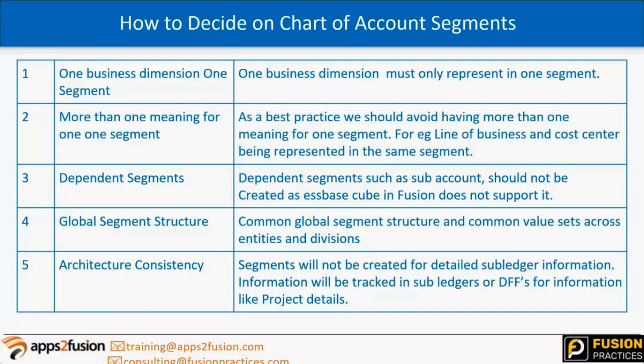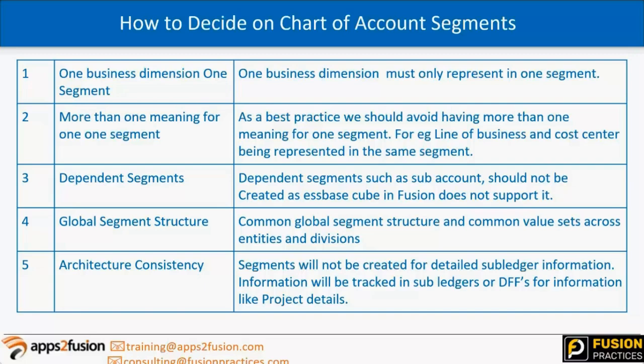Okay, so then we have global segment structure and architectural consistency. As consultants, we always suggest the business go for a global chart of accounts. You can include all your values in one global chart of accounts.